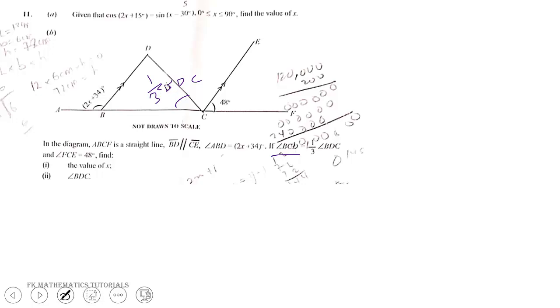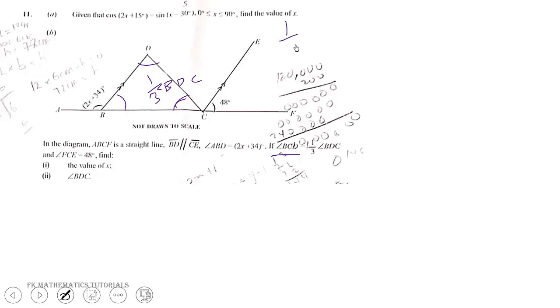So when we add this angle BDC and this one here, we're supposed to get 180 degrees. Sum of interior angles of a triangle should be equal to 180.